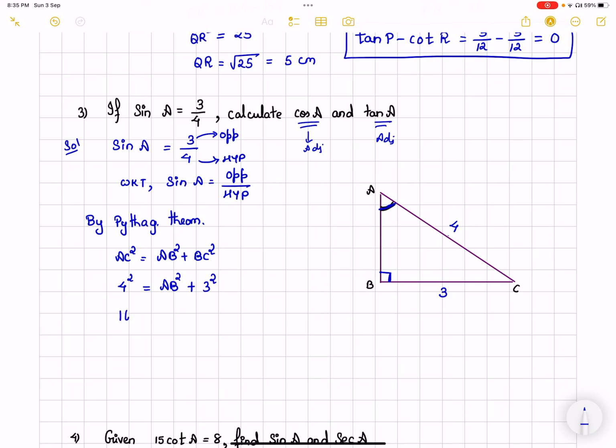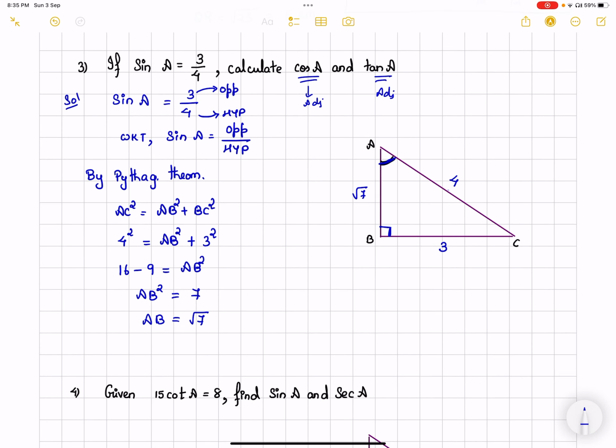So 4 square is 16 minus 9 is equal to AB square, which is going to be 7. So then in that case, we would be having AB square is equal to 7. AB is equal to plus or minus root 7. I would be obviously taking positive root 7 only into consideration. So I found out my AB as root 7. Done? So that part is over.